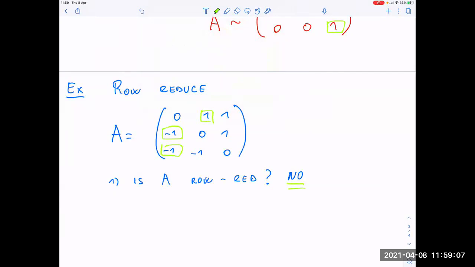And then the next step is, well, I'd like to apply elementary row operations to make it row reduced. This is always possible, we know. So since it is not row reduced, what I do now, I apply EROs to obtain B row reduced, A and B row equivalent.